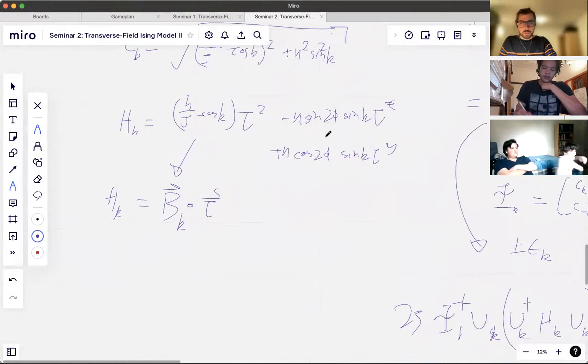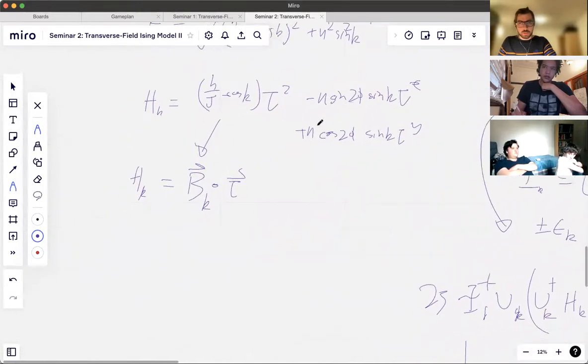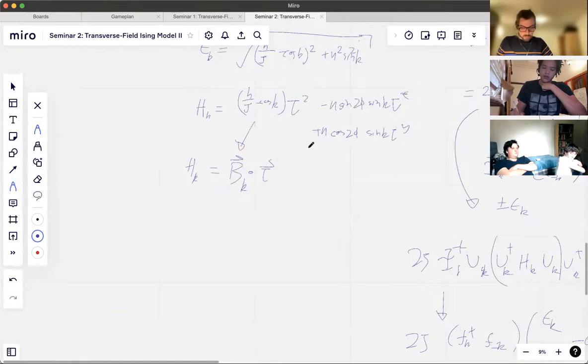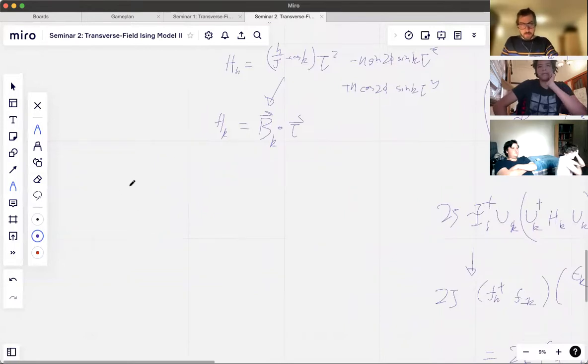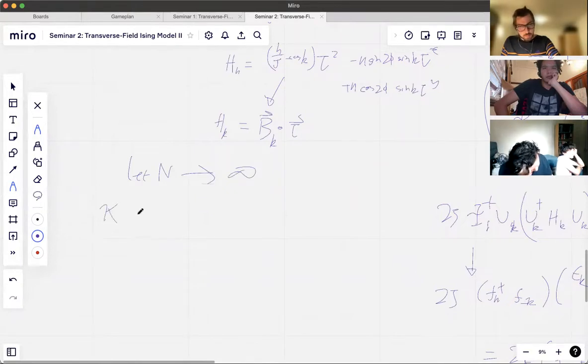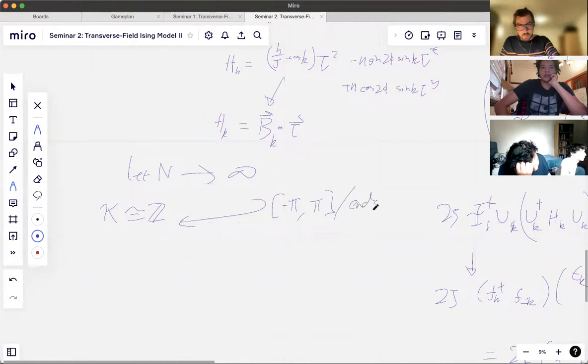Real quickly, remember phi was kept totally general. The situation we have is that we have k, which is isomorphic to... So we're going to take the large N limit. I'm going to let N go to infinity. Then we have this script K, which is isomorphic to Z, included into a subset of the circle modulo N's.